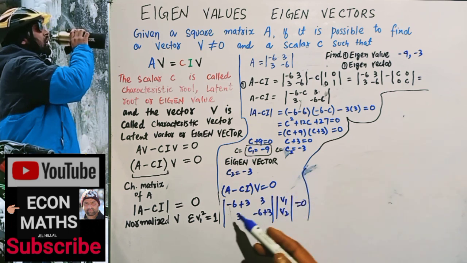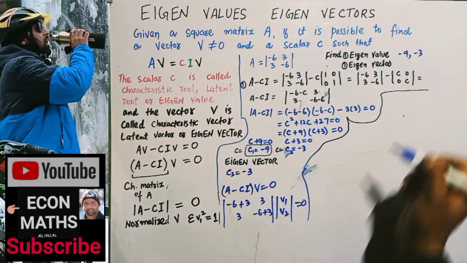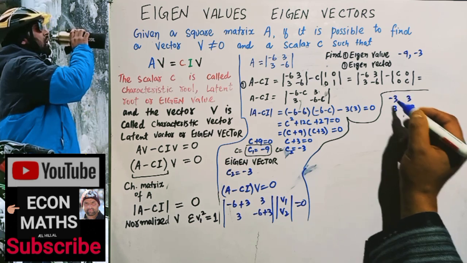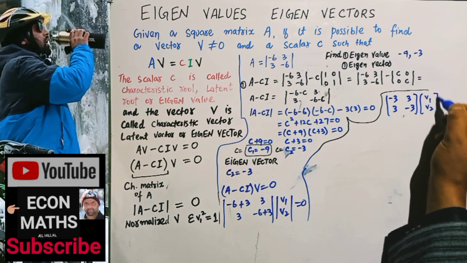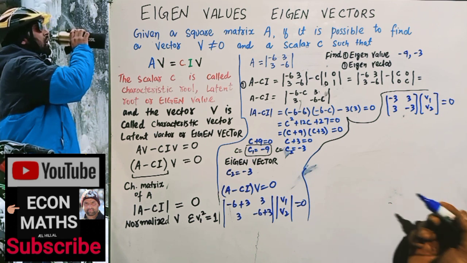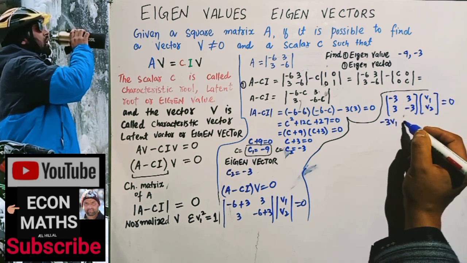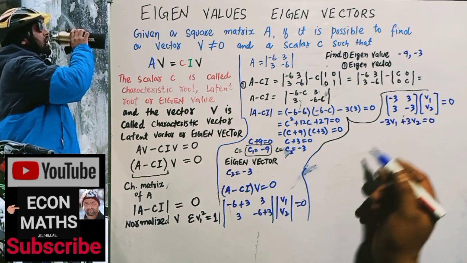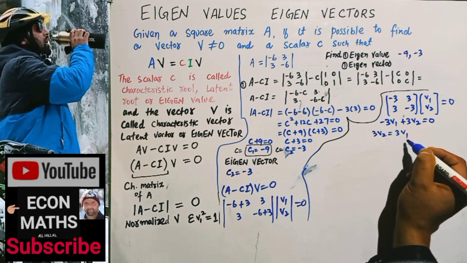So we will get the matrix with entries 3, minus 3, minus 3, 3 times v1 v2 equal to 0. Again we will get two identical equations when we multiply, that is minus 3 v1 plus 3 v2 is equal to 0, which gives us 3 v2 is equal to 3 v1.